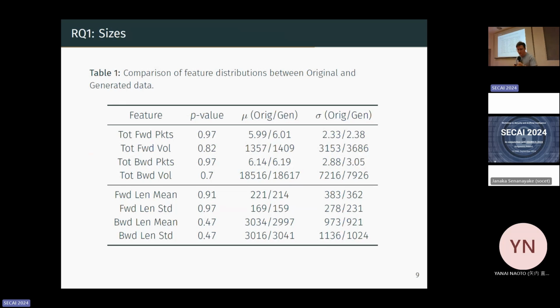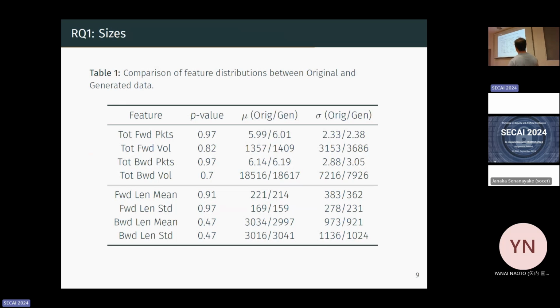And so the answers to our research questions are in the paper, but suffice to say, we find that yes, PackGen does a good job of recreating our initial training data. If we look at the difference between the distributions of our original training data and our generated data, using standard tests, we find that yes, it does a good job.